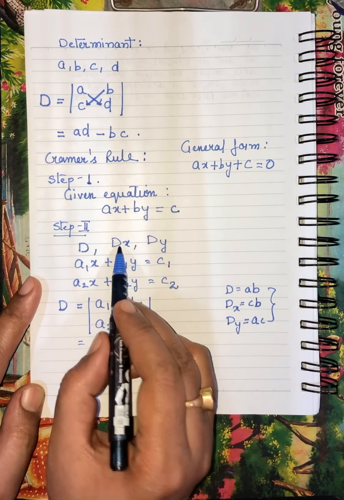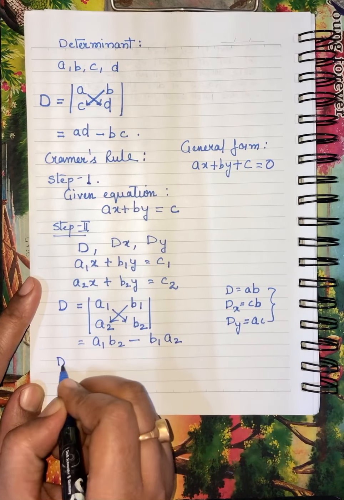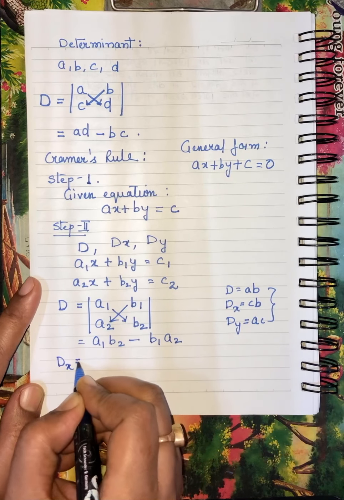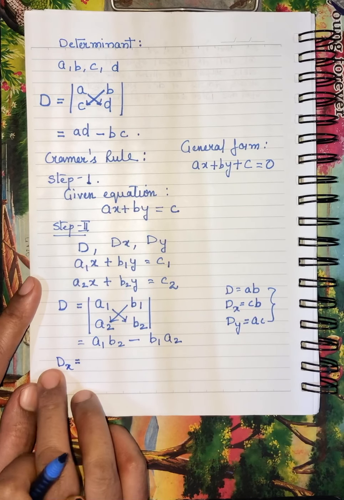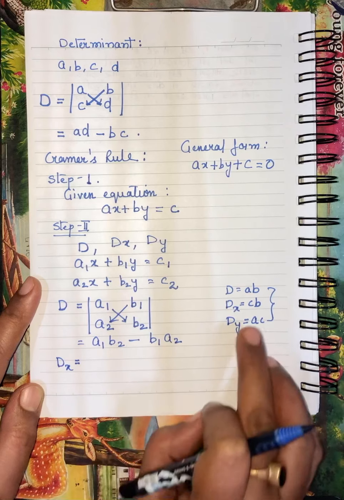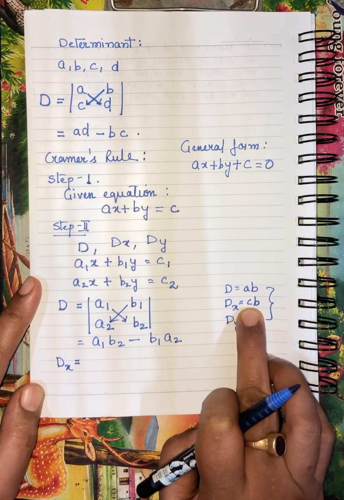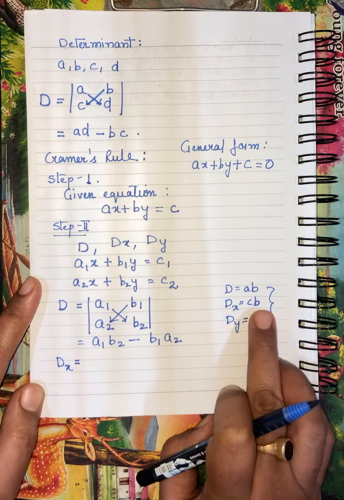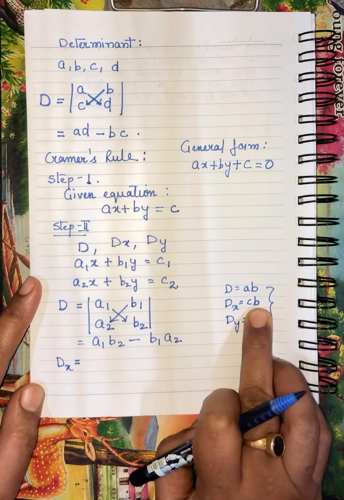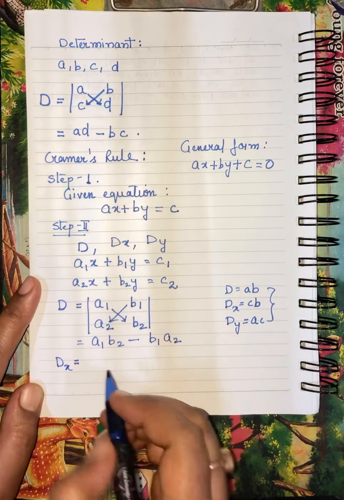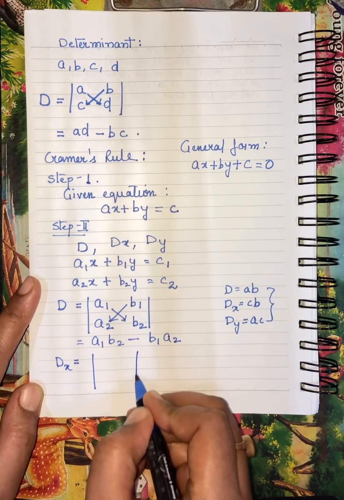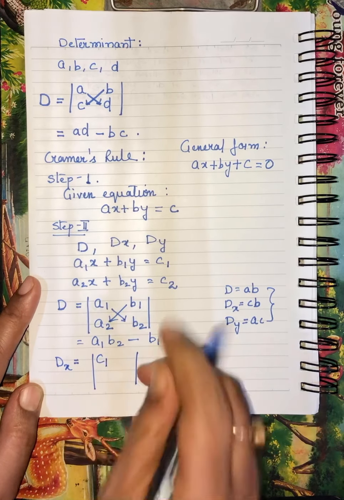Now next, to find dx, that is the determinant in terms of x, we have to take c first, the constants, and then the b later, the coefficients of y, in the form of a determinant, that is c1 c2.